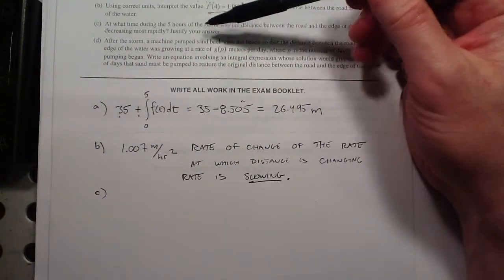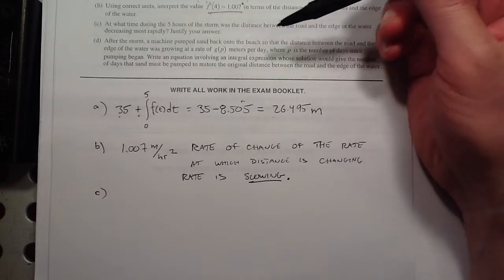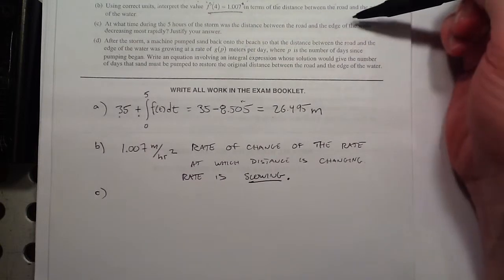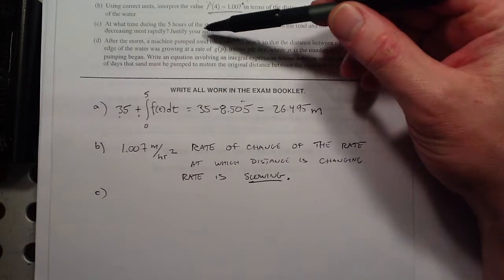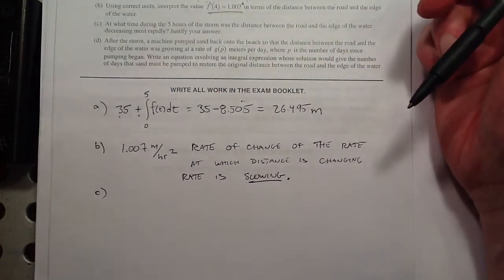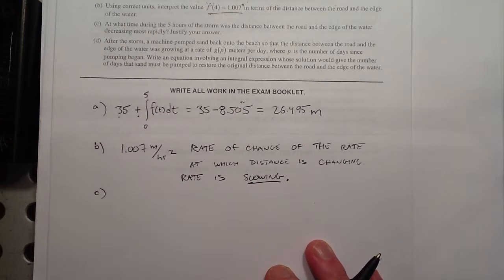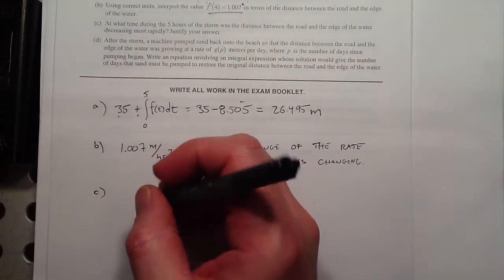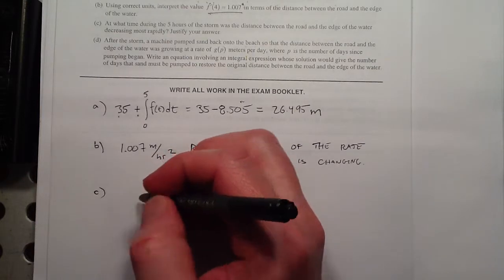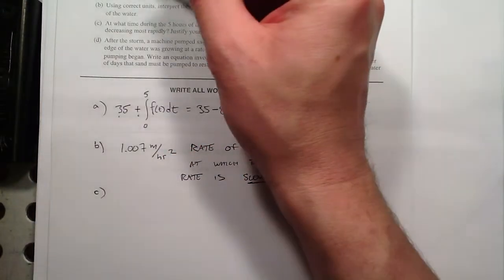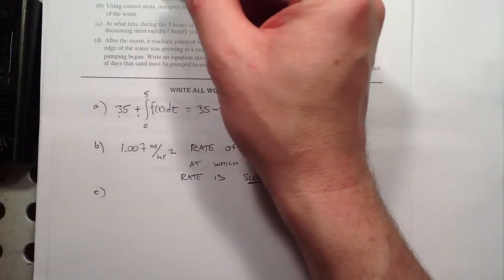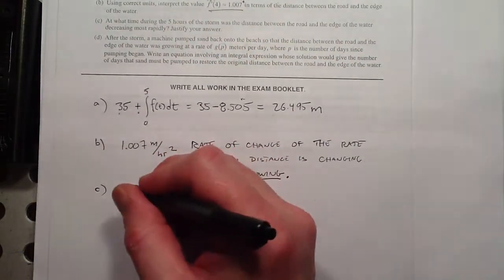Part C. At what time during the 5 hours of the storm was the distance between the road and the edge of the water decreasing most rapidly? Well, if you want to know when it is decreasing most rapidly, that would be when this is at a minimum.